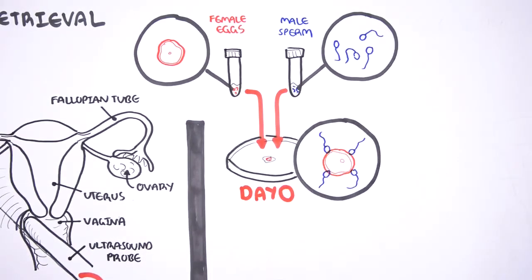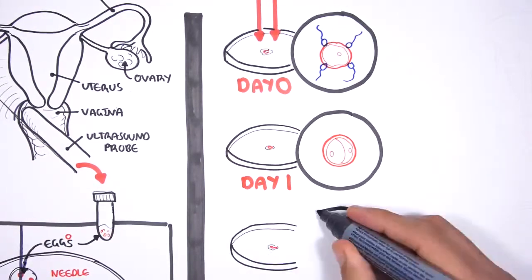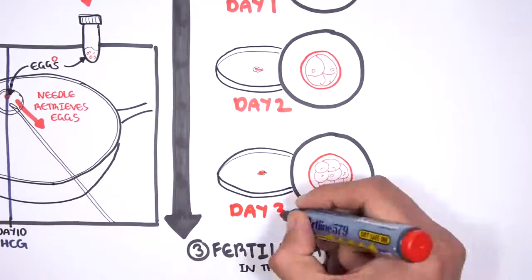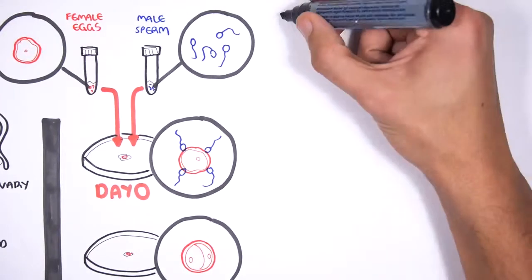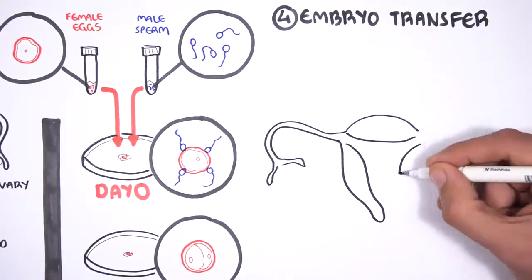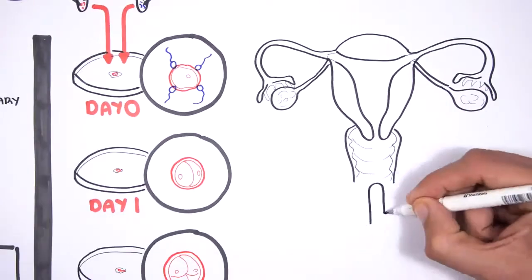By day 1, the first cell divisions take place in the laboratory. Cell division continues, and by day 3 to 5, the embryos will be transferred back into the uterus. And this is step 4, embryo transfer. Here again we have the female uterus and its structures.